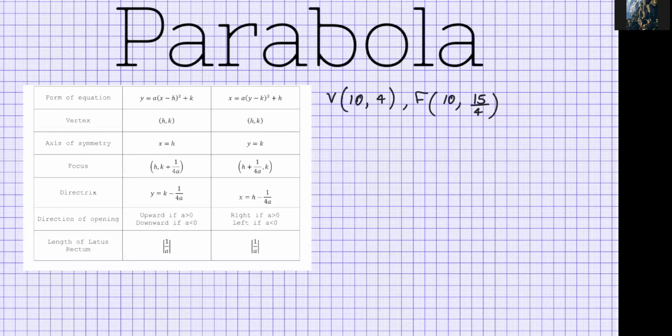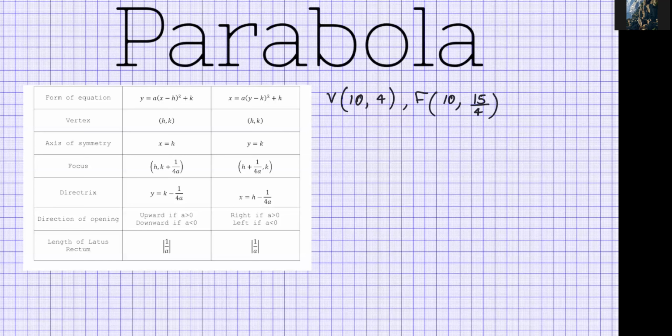So we have to use the other piece of information, in this case, the focus, to see where the change is occurring. In this case, if you see, the X coordinate of the focus is identical to the X coordinate of the vertex, and the change is occurring on the Y coordinate.